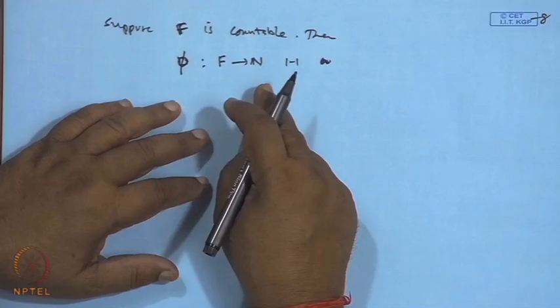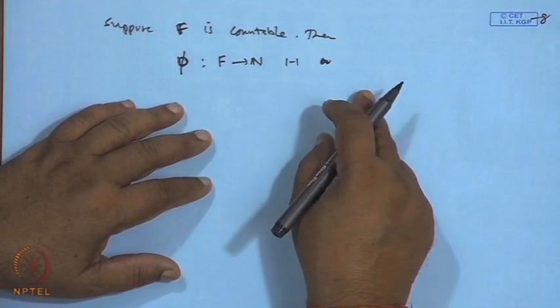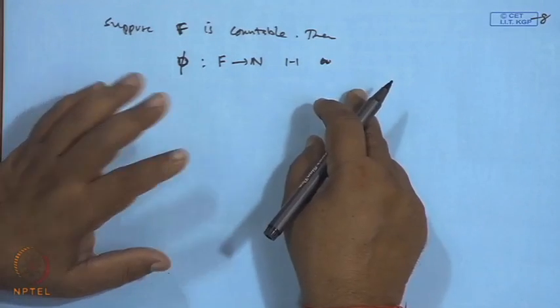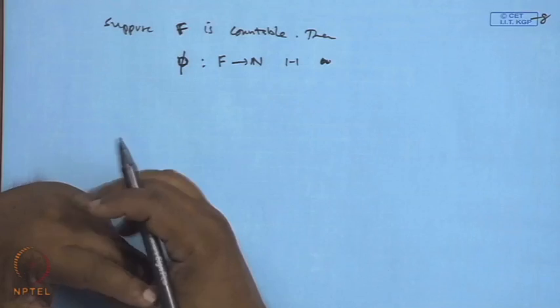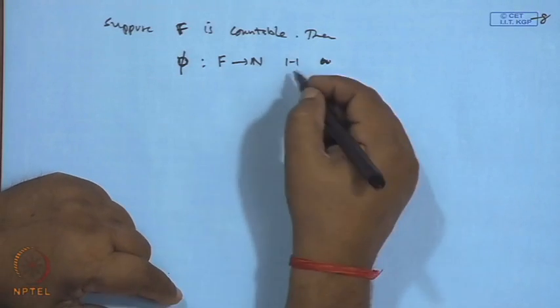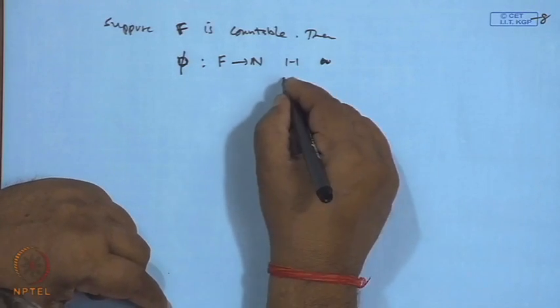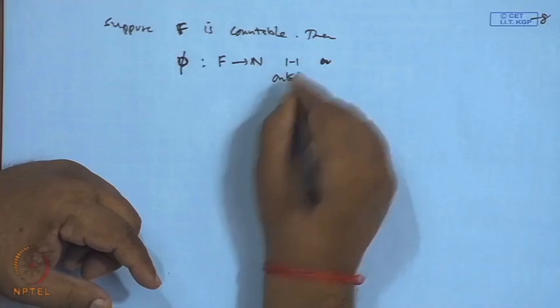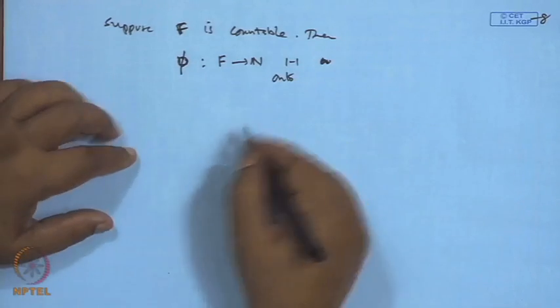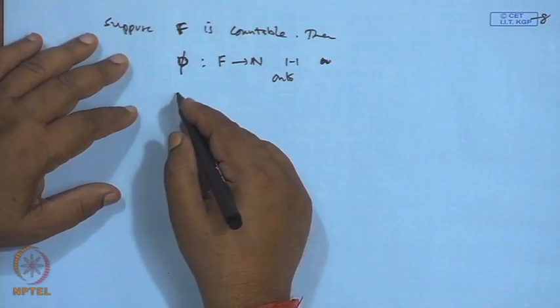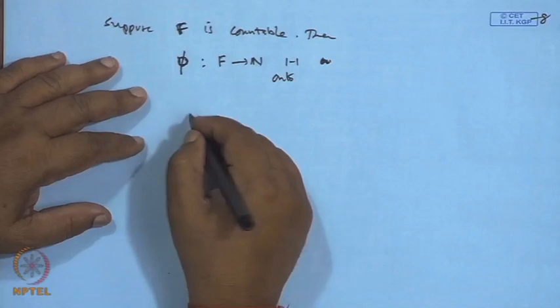So, there exists phi which is a surjection mapping. Okay, F is countable, so there is a one-to-one onto mapping.